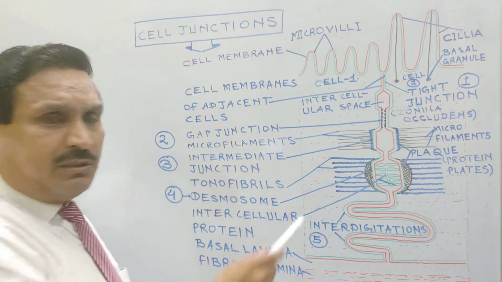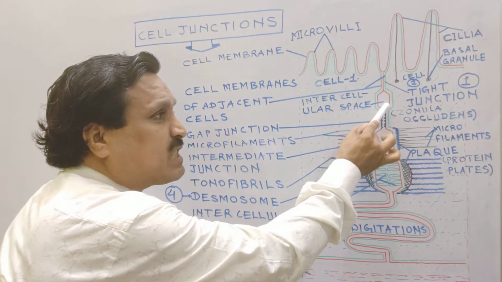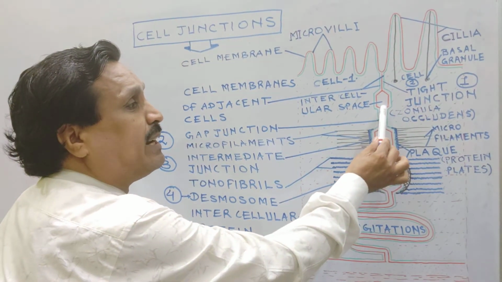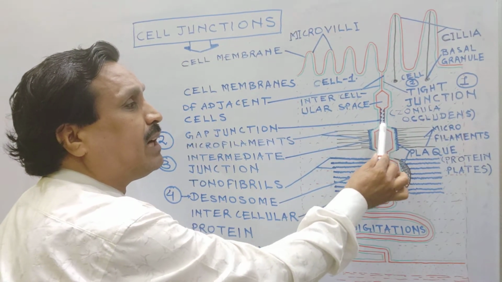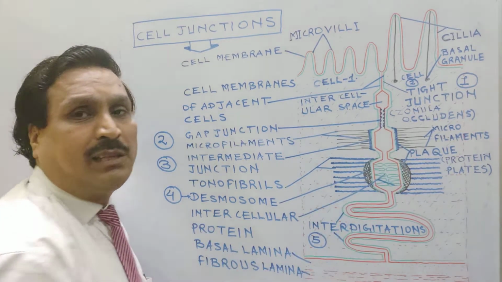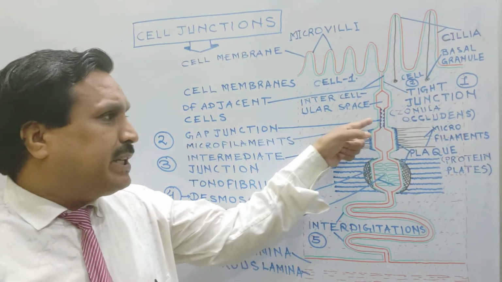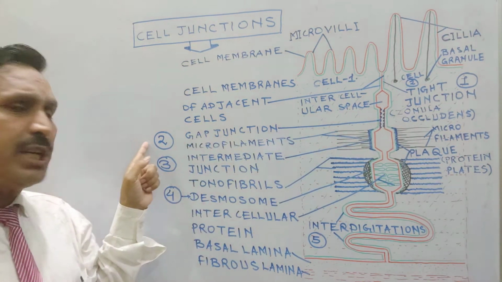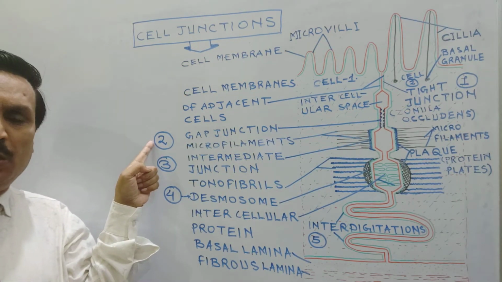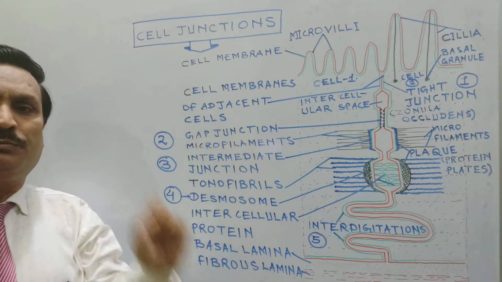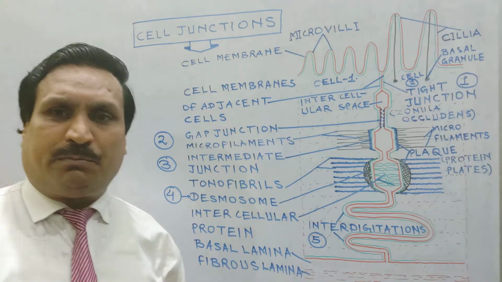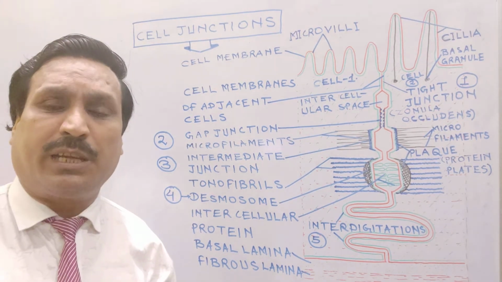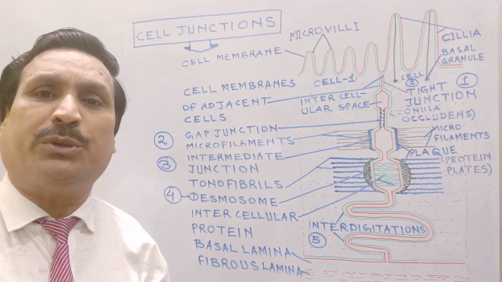Just below this intercellular space, you are visualizing a narrow tunnel. This narrow tunnel is gap junction, that is junction number 2. Gap junction is a type of junction present between two adjacent cells for intercellular communication.